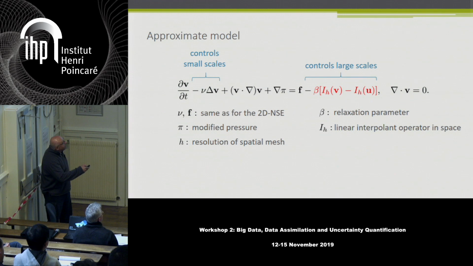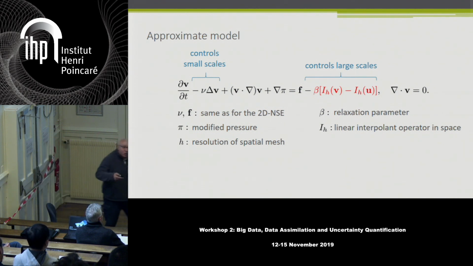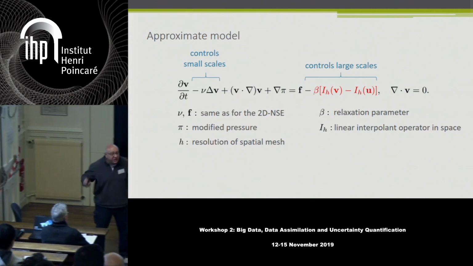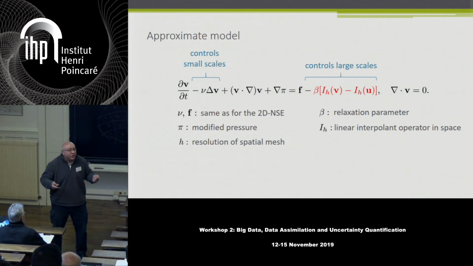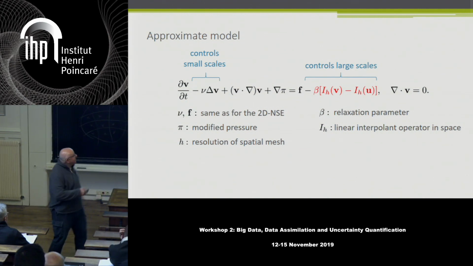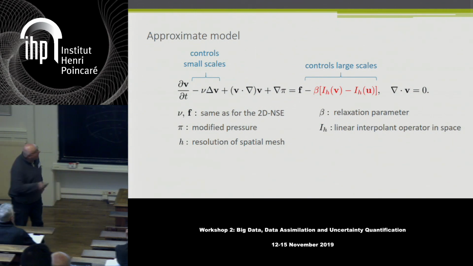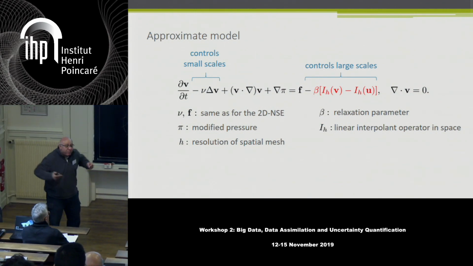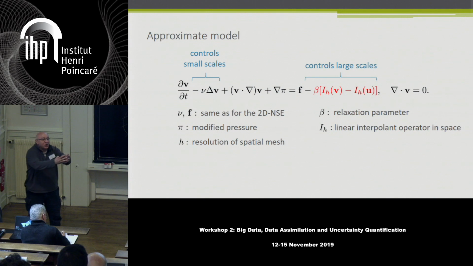I add this term, divergence of v equal to 0. Many people in the previous nudging literature that I dug into put v here, because they did not know or did not understand, or they are not PDE people, or solving an evolution equation involving some crazy operator in the unknown, I_h of v. But nonetheless, this is the equation. So this is the nudging part where I push the larger scales together.